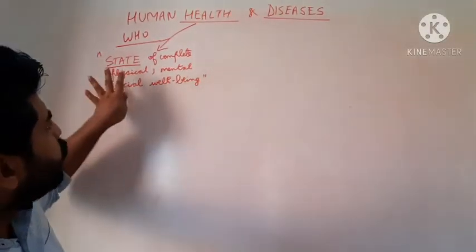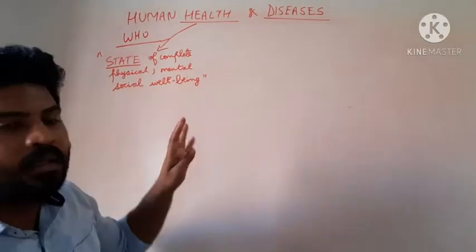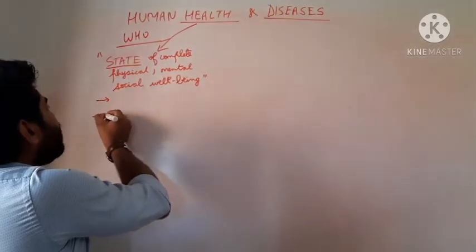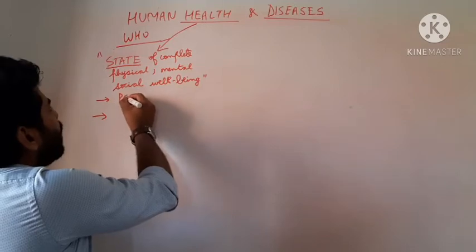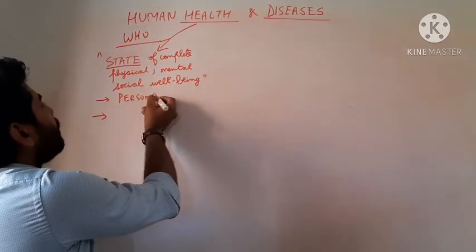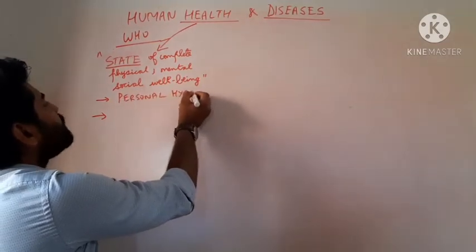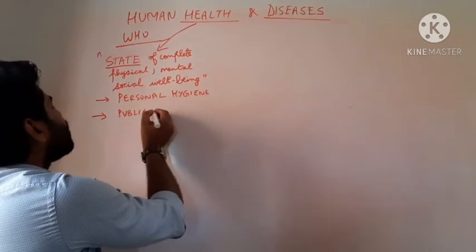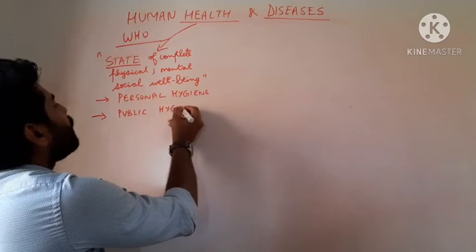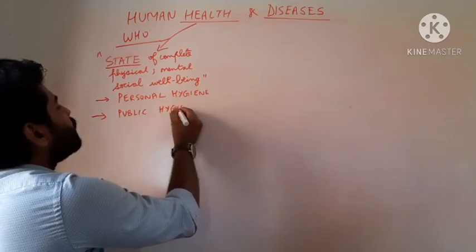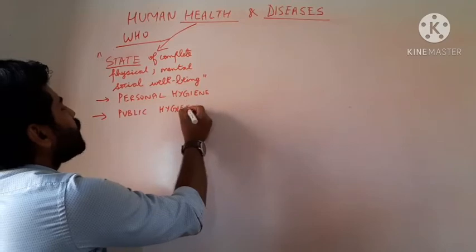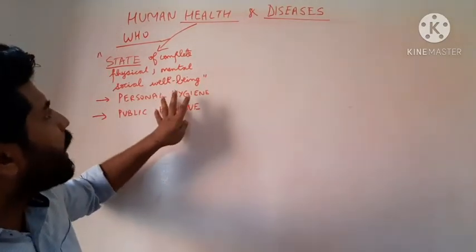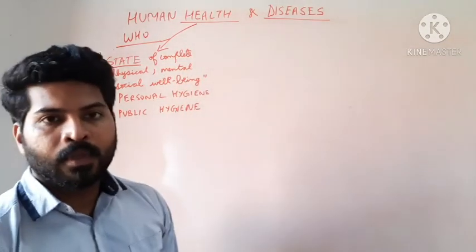So if you look at the definition in total, health can be attained by means of personal hygiene, and it is also affected by the environment, the society, public hygiene. So if somebody can maintain these two, they can be healthy.